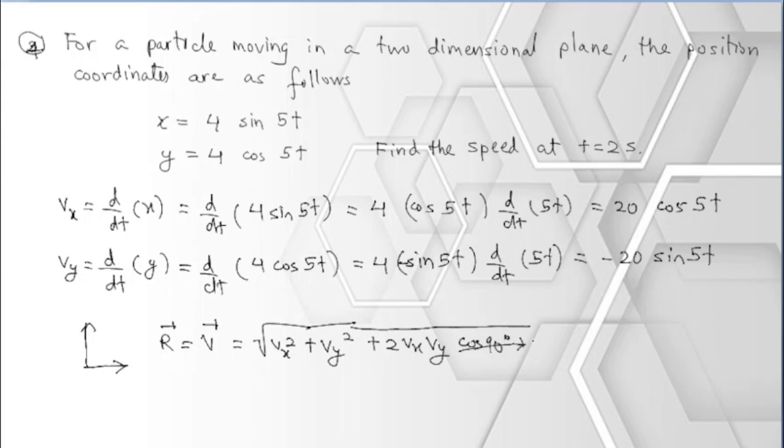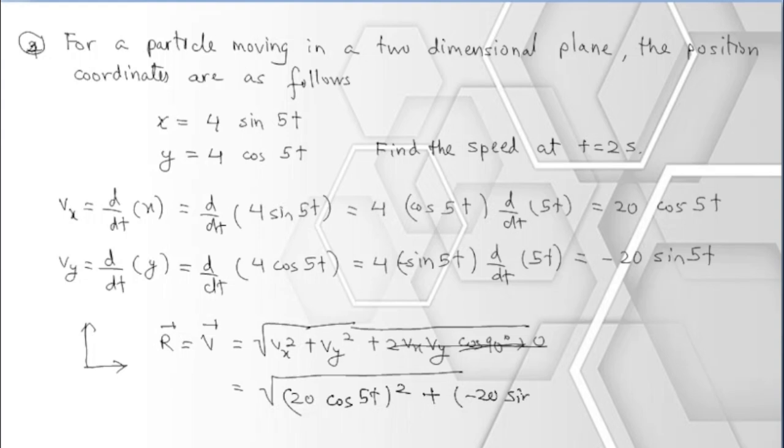So this complete third term becomes 0. You have got Vx square plus Vy square. Now Vx squared is 20 cos 5t squared plus minus 20 sin 5t squared.